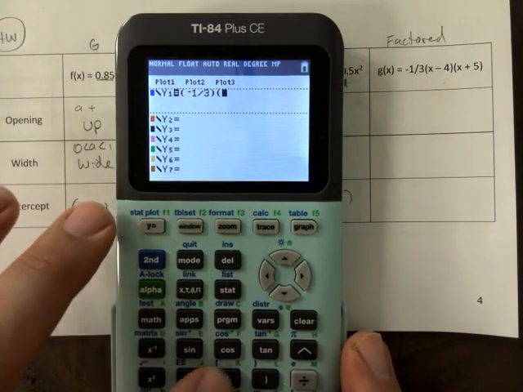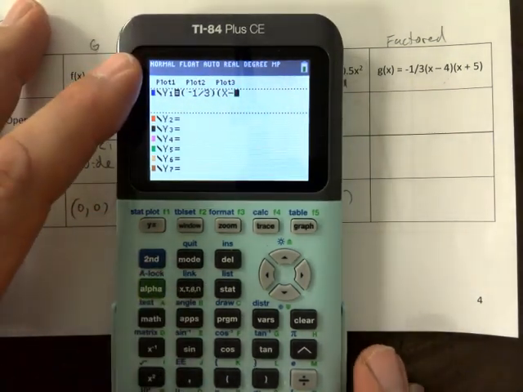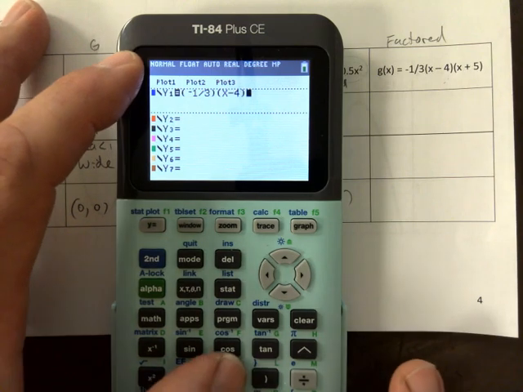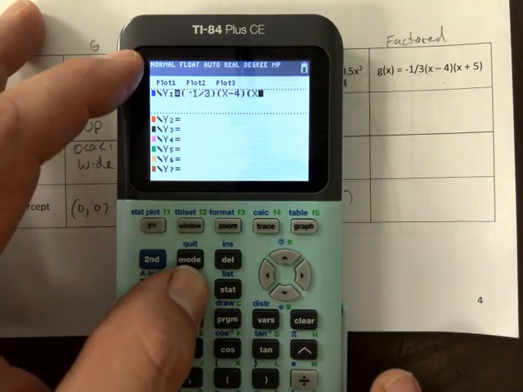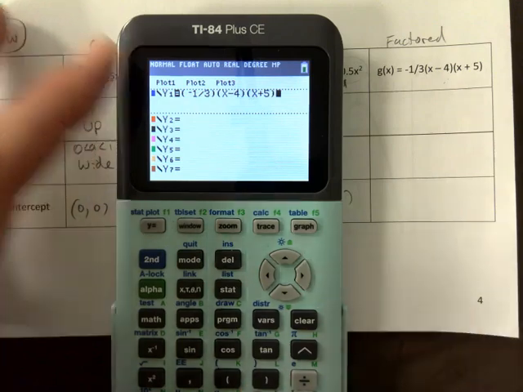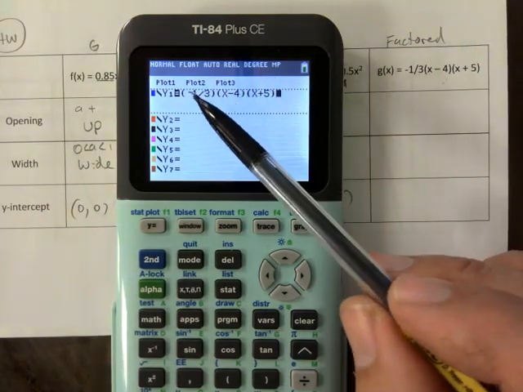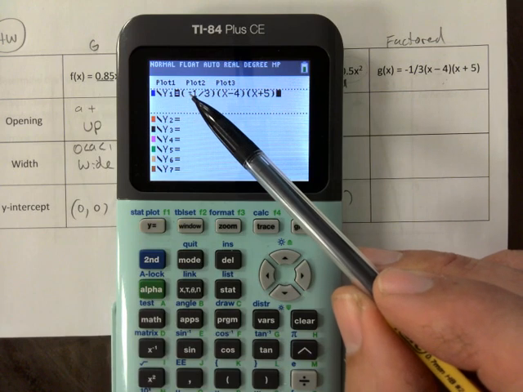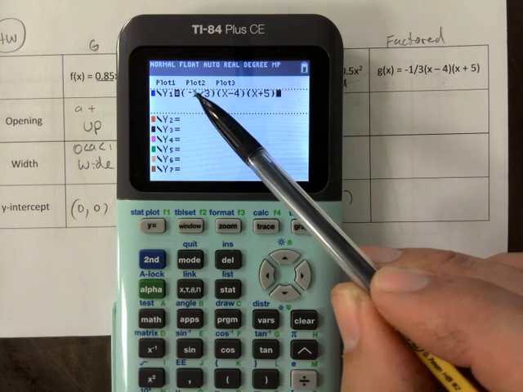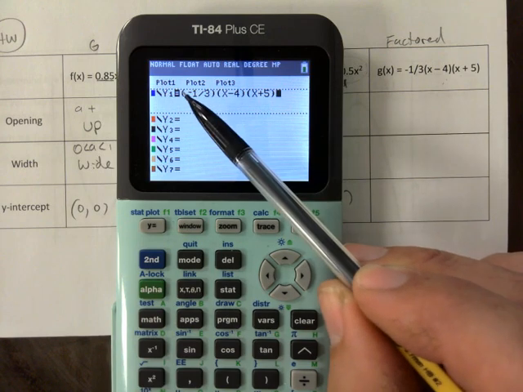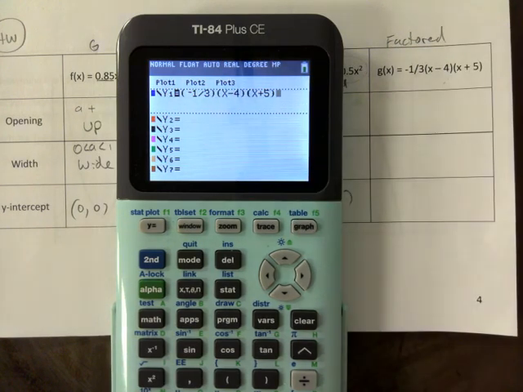And then I go x minus 4, and then bracket again, x plus 5, like that. You should see that this is slightly smaller, and it's higher up than a minus. I can tell the difference because I see it all the time, but you should see the difference, right?